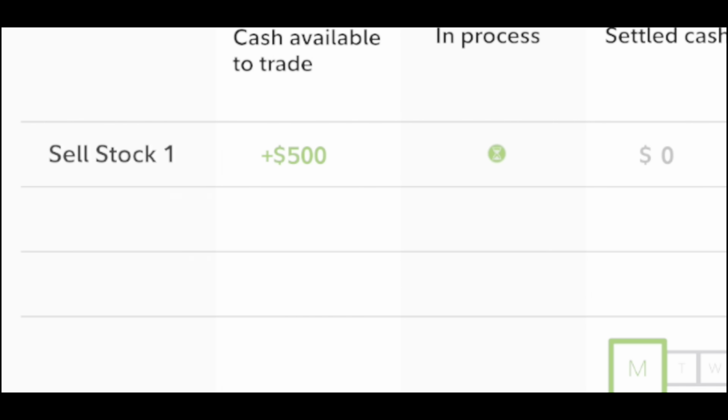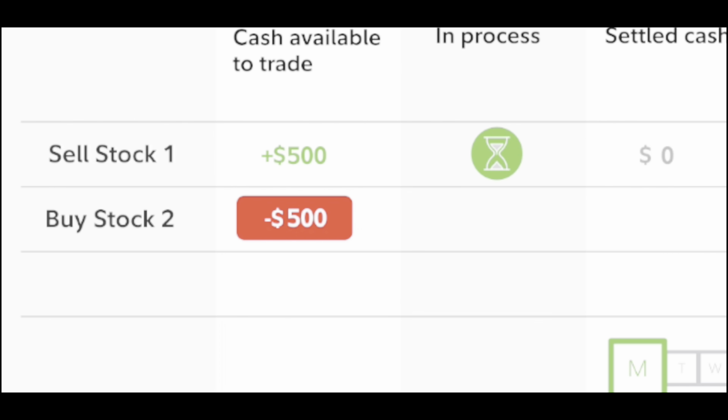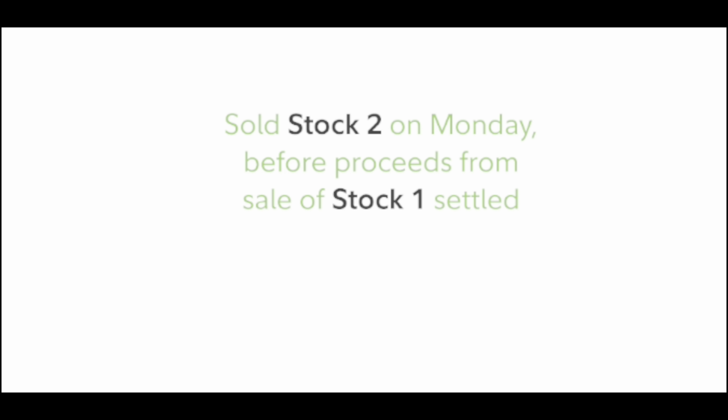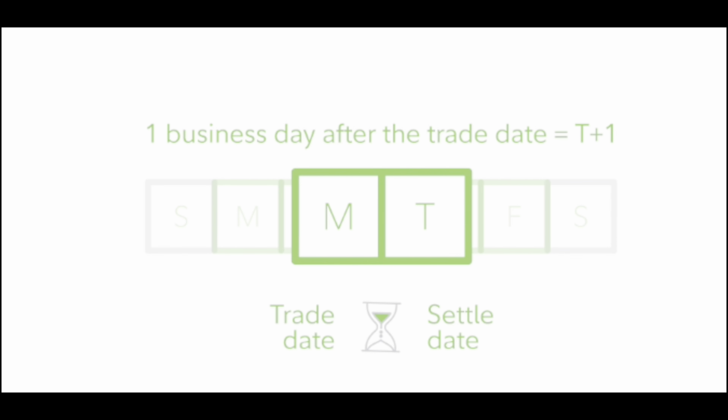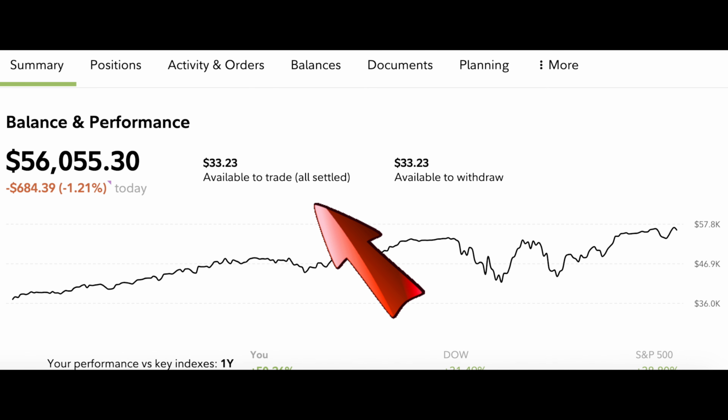The funds must be settled in order to day trade. Usually after the sale of a security, funds will settle within 1 to 3 business days. You can check to see if your funds are settled right on the Fidelity website.